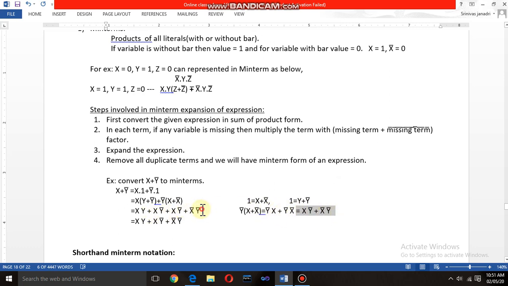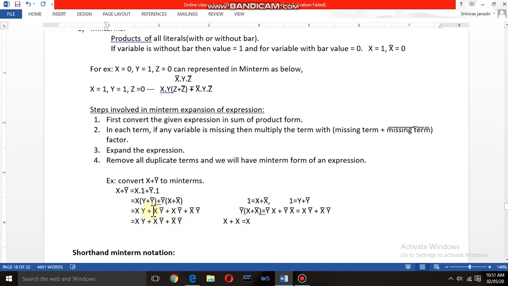Just practice these things. And finally expand the expression and remove all the duplicates. What are the duplicates here? x into y is only one, and x into y complement plus x into y complement. Here we are aware that x plus x gives you again x.